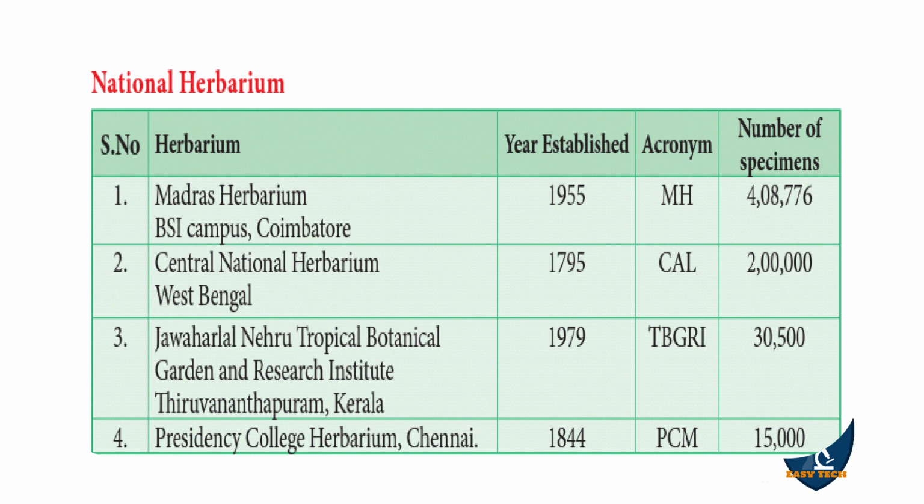Jawaharlal Nehru Tropical Botanical Garden and Research Institute, Thiruvananthapuram, Kerala, 1979, TBGRI, 30,500 specimens. Presidency College Herbarium, Chennai, 1844, PCM, 15,000 specimens.